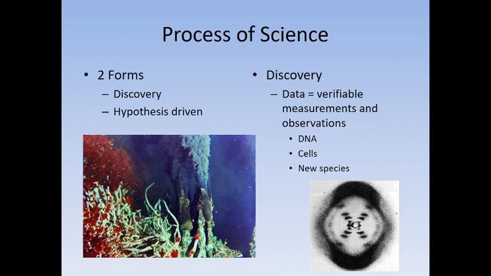So, when we think about science, we should think about how we do science, and that's what this lecture is kind of all about. Now, there's two general ways in which science is undertaken. The first form is just discovery science. This is basically going out and finding something new.